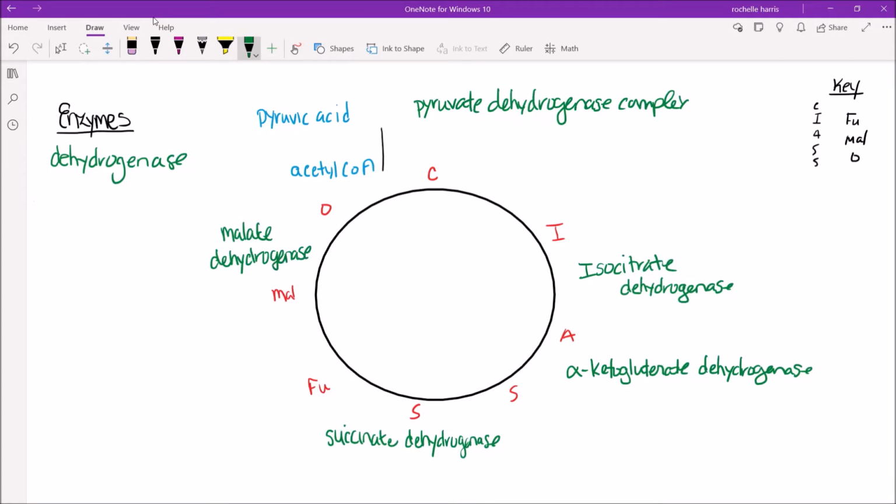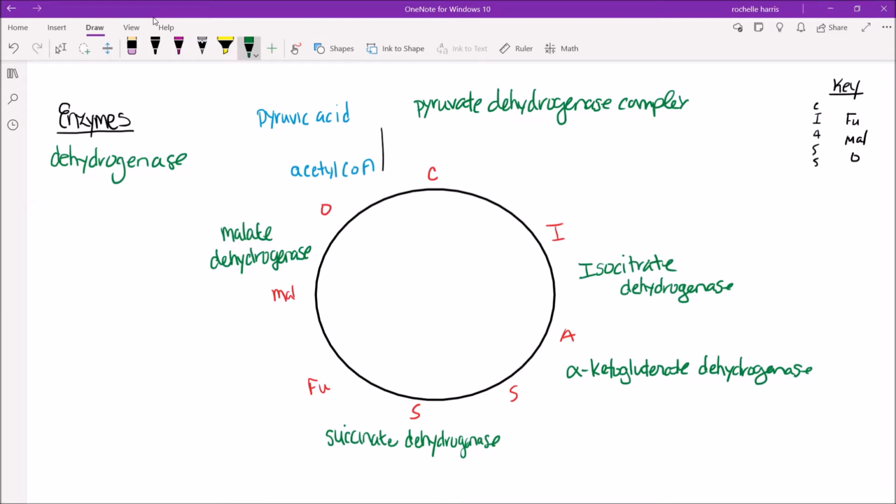So these are our enzymes. Between pyruvic acid and acetyl-CoA, we have pyruvate dehydrogenase. Between isocitric acid and alpha ketoglutaric acid, we have isocitrate dehydrogenase. Between alpha ketoglutarate and succinyl-CoA, we have alpha ketoglutarate dehydrogenase.